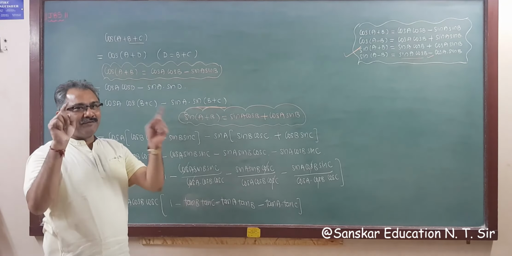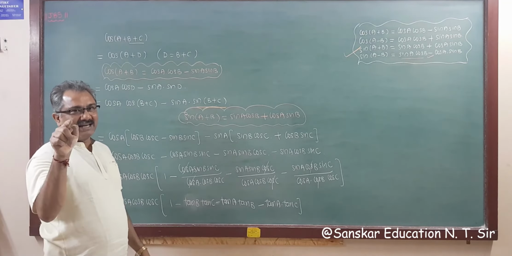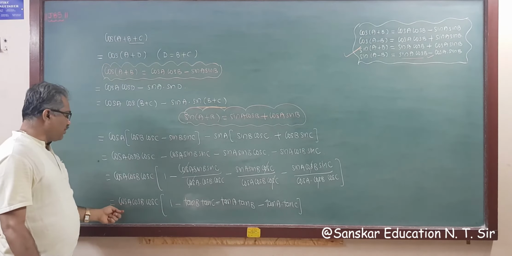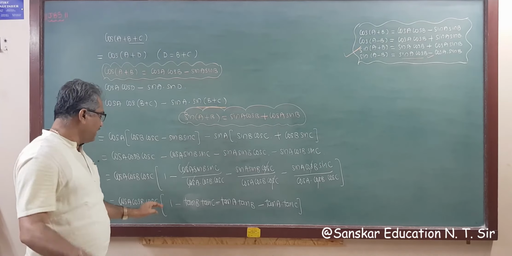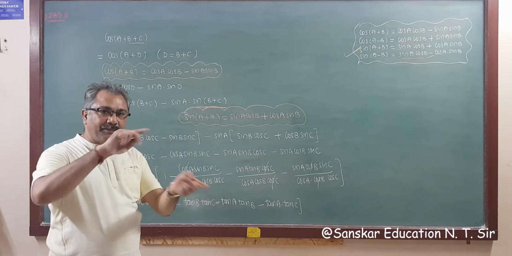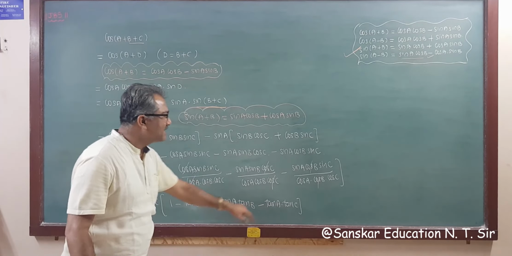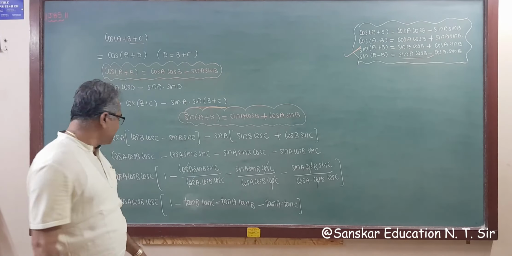So you have another one formula in your set, that is cos(A+B+C) is cos A cos B cos C into bracket 1 minus, you have to take pair of 2: tan A tan B minus tan B tan C minus tan A tan C, right?